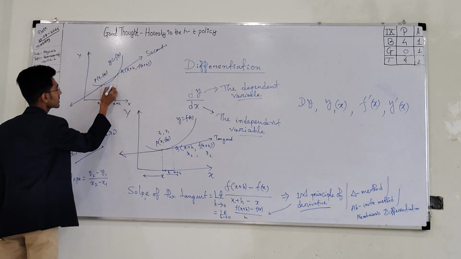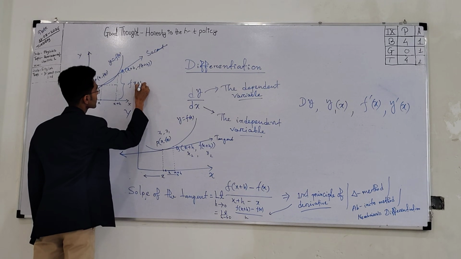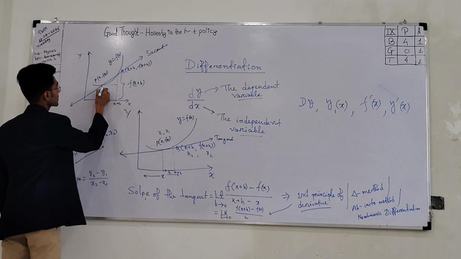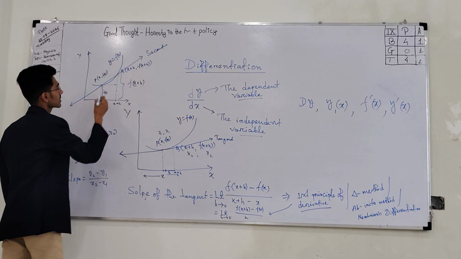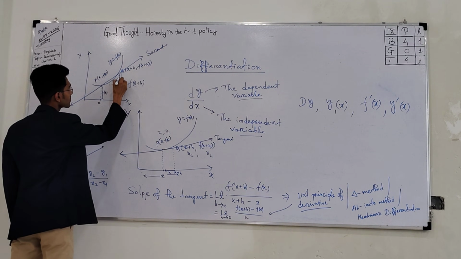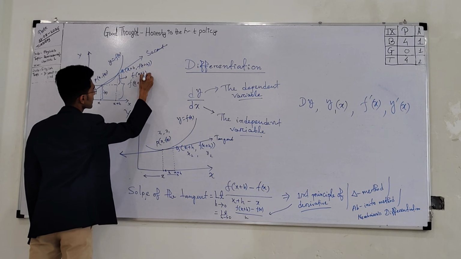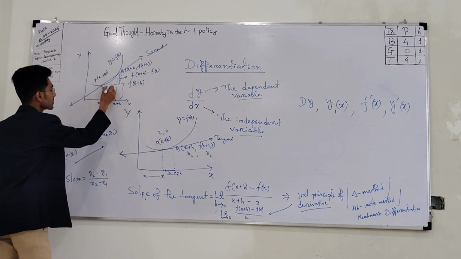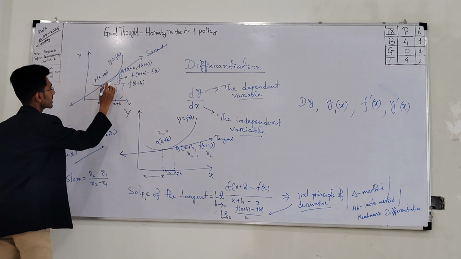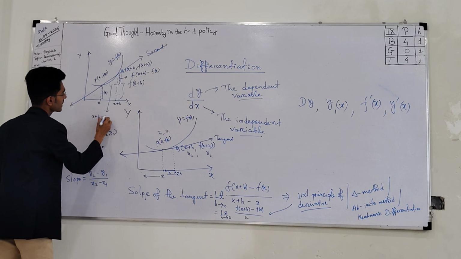Now we can join those two. The total length is f of x plus h, and the smaller length is f of x. So we can calculate that small length: it is f of x plus h minus f of x. And the base length is x plus h minus x.